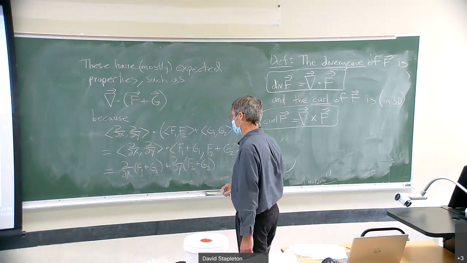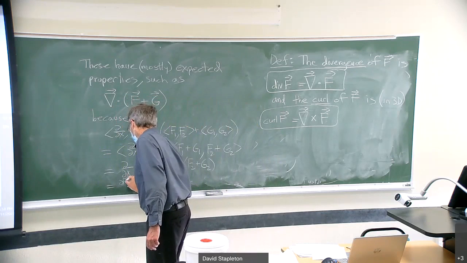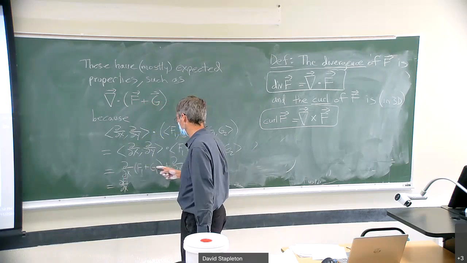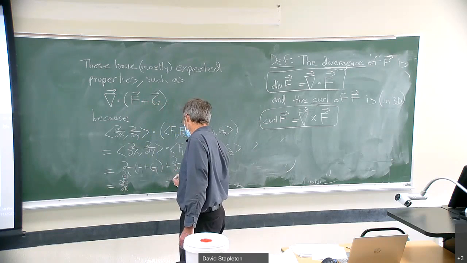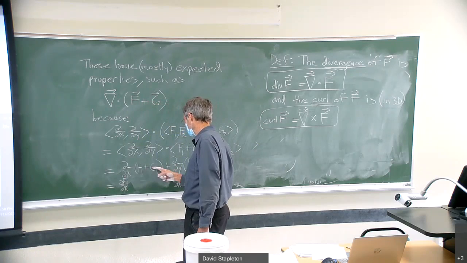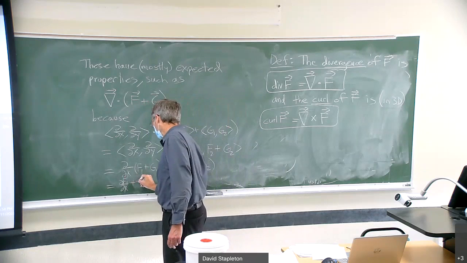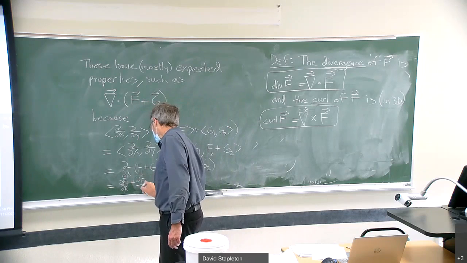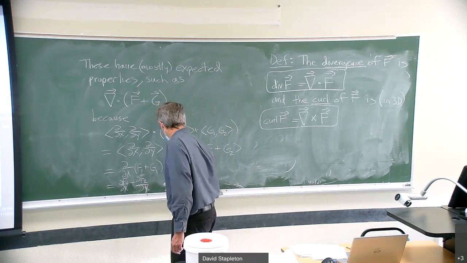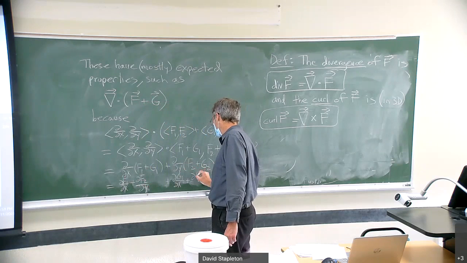And then you notice that by linearity, you get d dx of f1 plus d dx of g1, and then d dy of f2 plus d dy of g2.